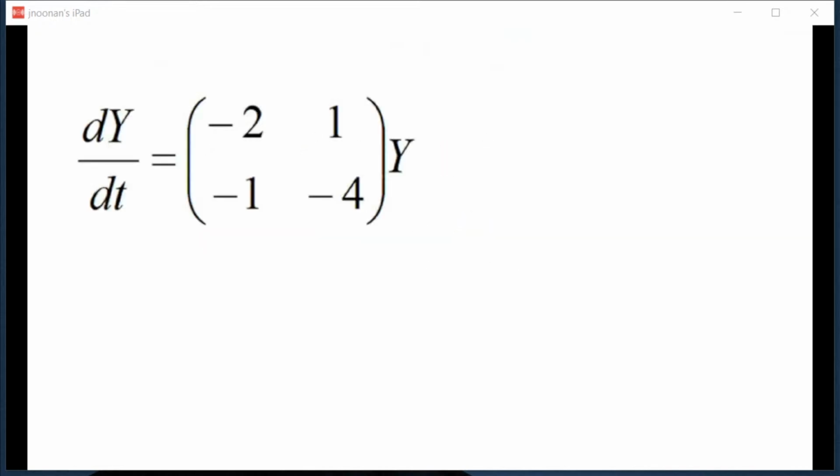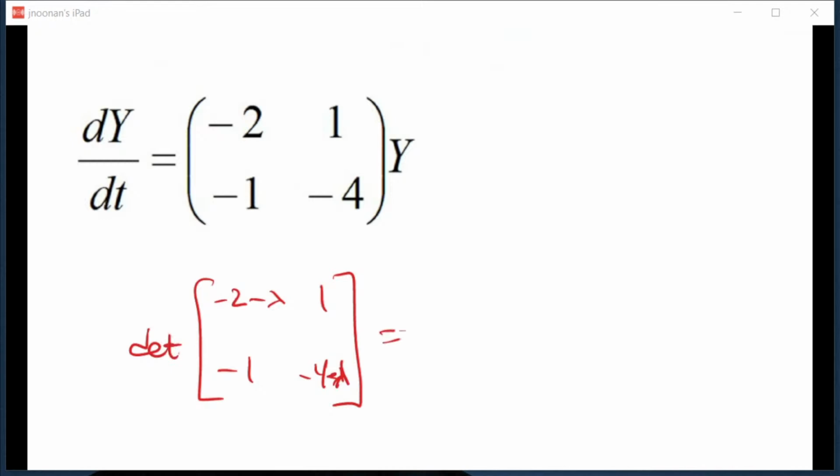Hopefully this isn't too challenging for you now that you've done a few of these. So first things first, we're going to do this. -1, -4 minus lambda. And this is the determinant of this stuff.